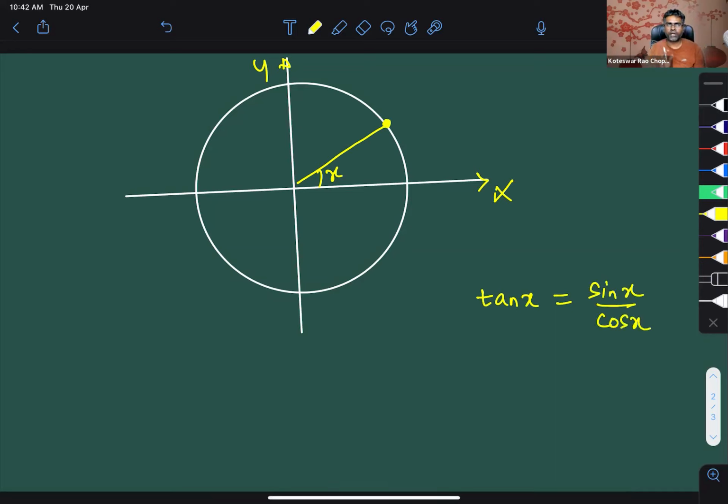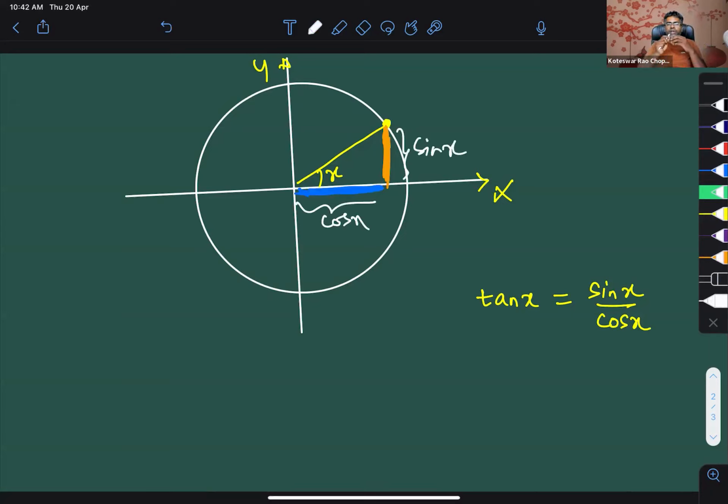Now think about it. When your x is very close to 0, what will happen? Your vertical height gets divided by the horizontal distance, right? So this is your cos, and this is your sine.